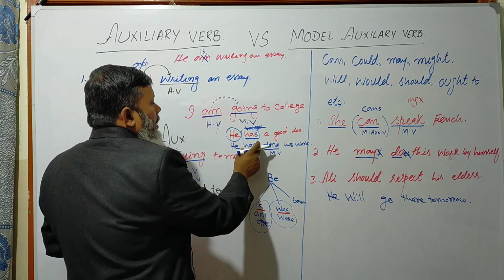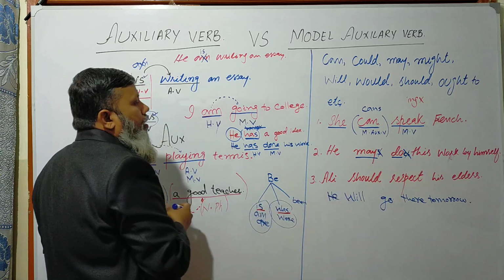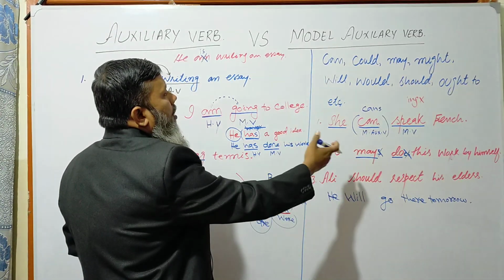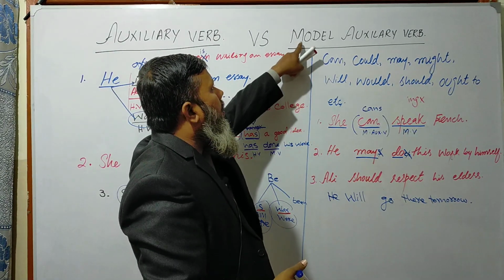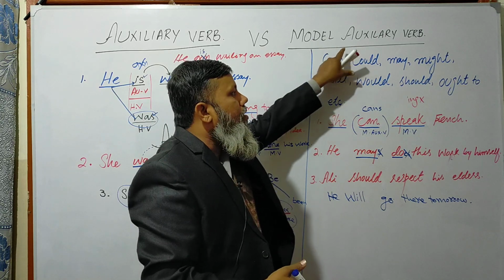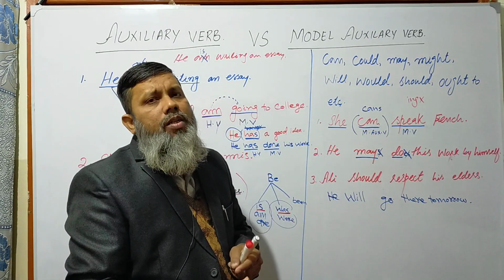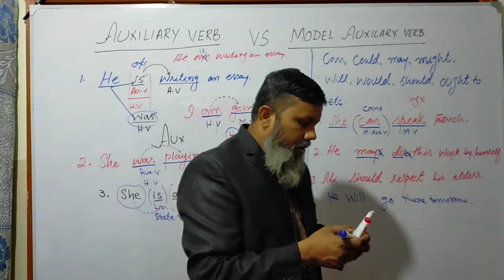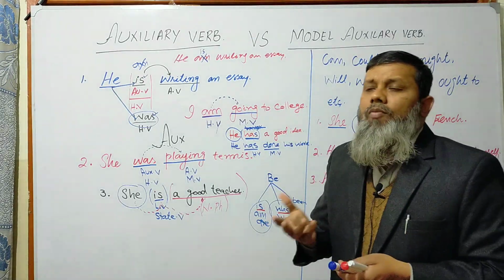But here there is no S form with a modal auxiliary. They look like the auxiliary or helping verb. That is why it is called modal auxiliary, not just modal verbs. In some books I have read, they wrote "modal verbs."